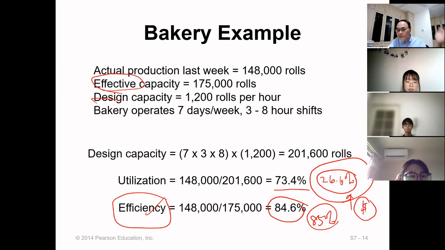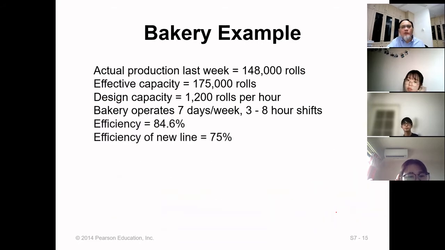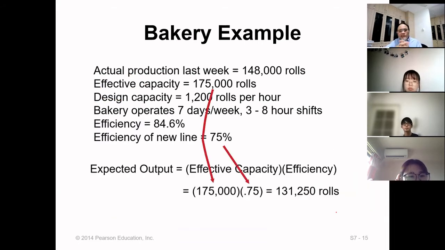Remember, this is capacity and measure. You can measure any operation, any small 7-Eleven, shop, bakery, udon shop. Now, let's see the next example.